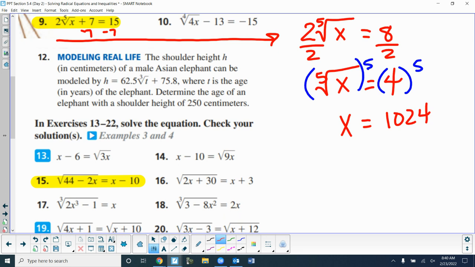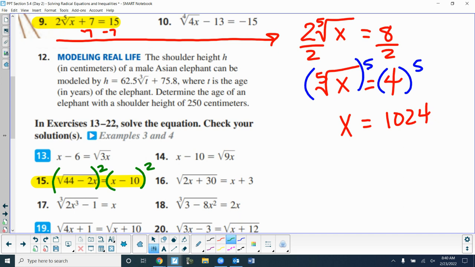All right, what about number 15? Do I need to isolate the radical? No. So I can go ahead right away and square both sides, right? Why am I squaring it? Yeah, the index is 2, right? We just never write it.